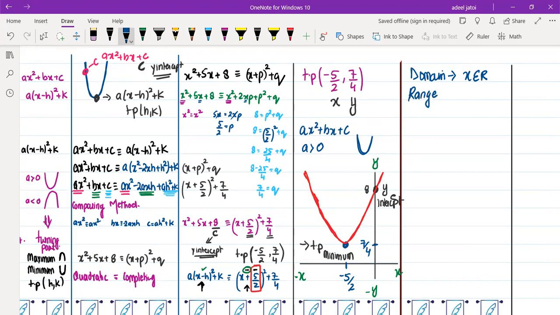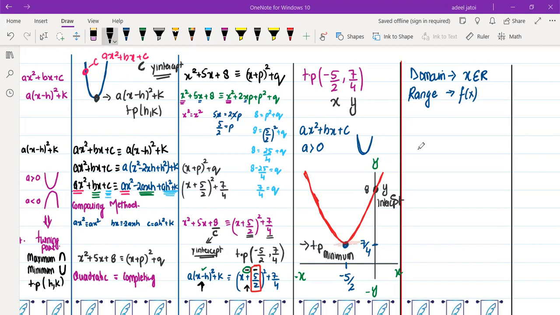Your range will be f(x). If you see, all the values of y will be above this point. So all the values of y will be greater than or equal to 7 upon 4, because this point is included, right?